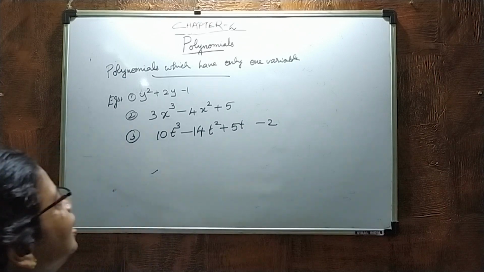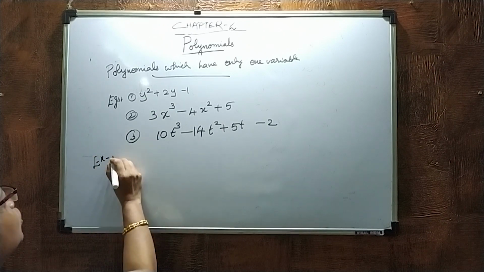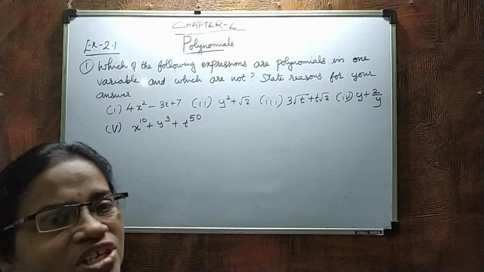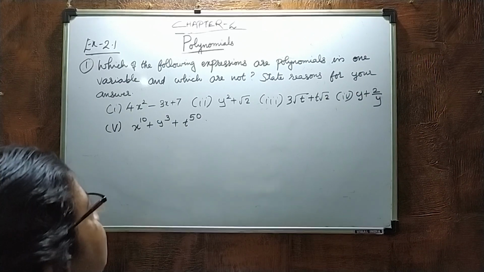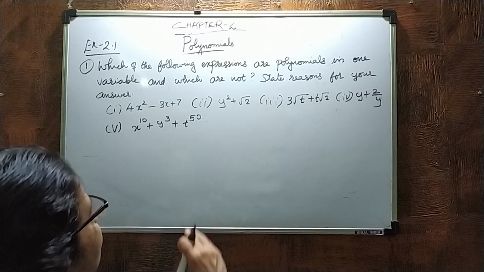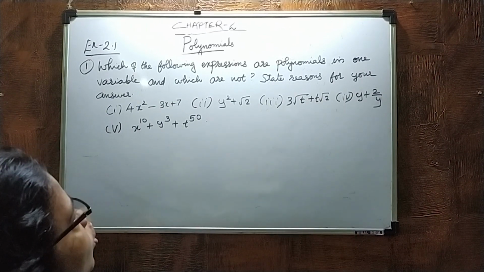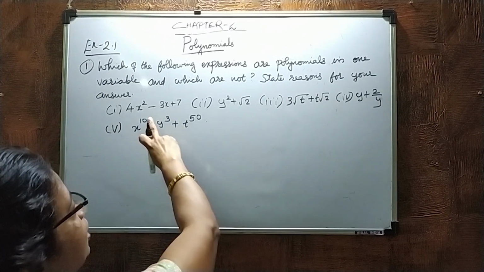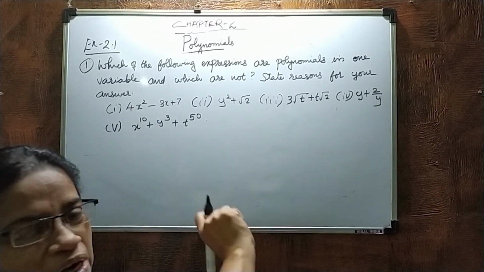Okay, now we will do the problem in exercise number 2.1, first one. Just look at the question: which of the following expressions are polynomials in one variable and which are not? So from these expressions you have to find out the one-variable polynomials.